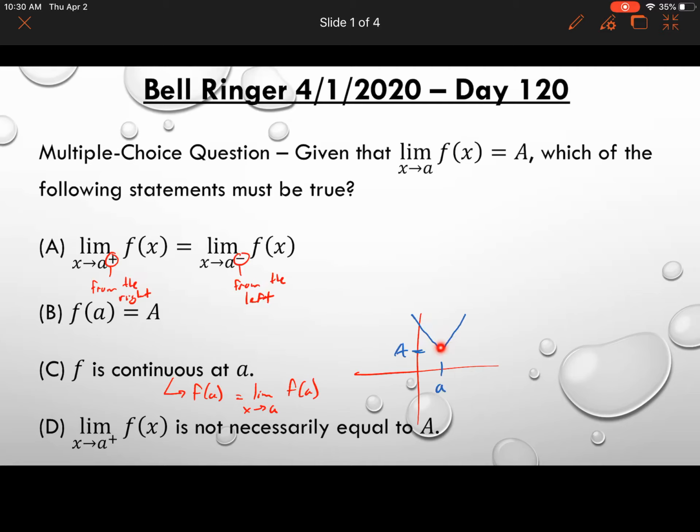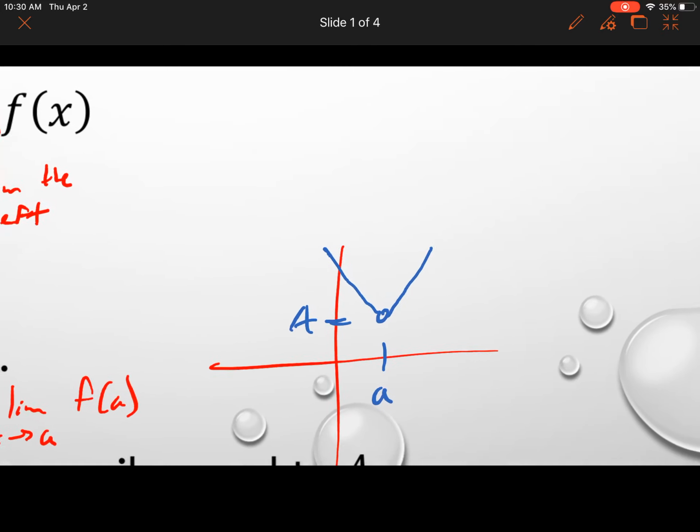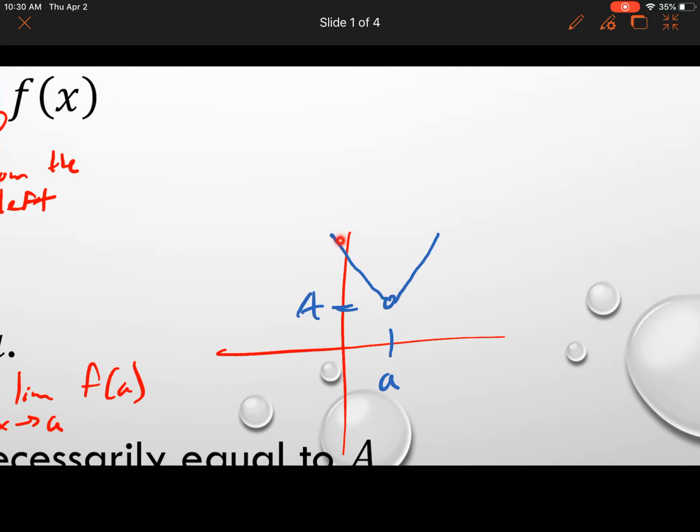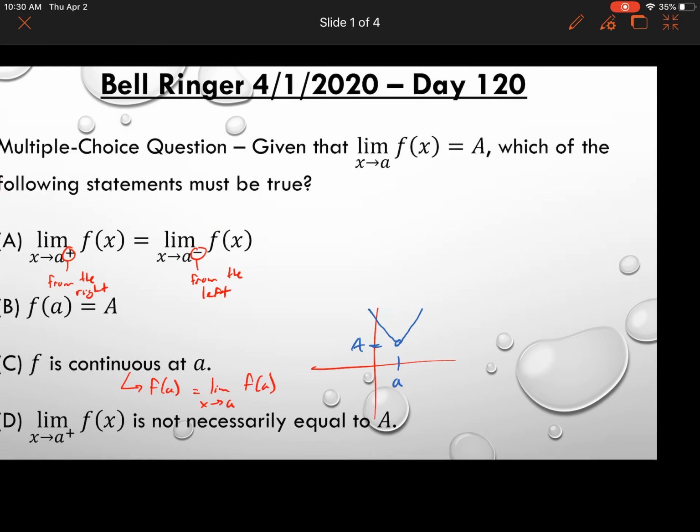So f of a is not defined, but the limit is equal to capital A because it is approaching capital A from both the left and right. So it's getting closer and closer to capital A, this graph is. Recall, with limits, we don't actually care if the function reaches that respective y value, just that it gets very, very close to it, in which case it does here.